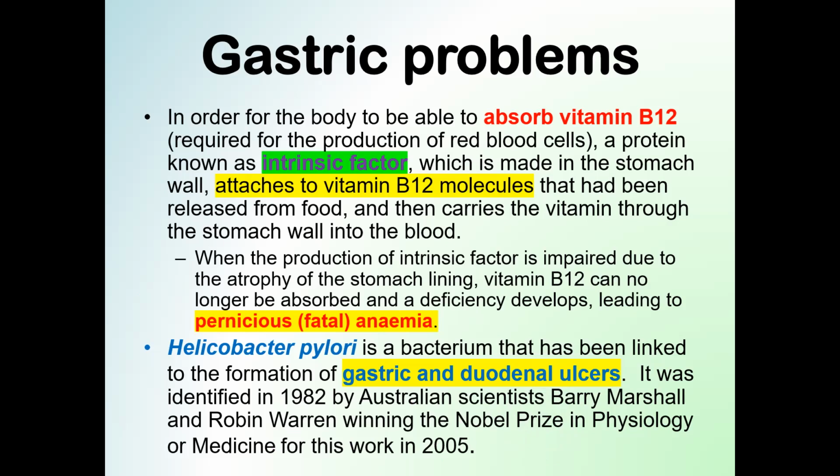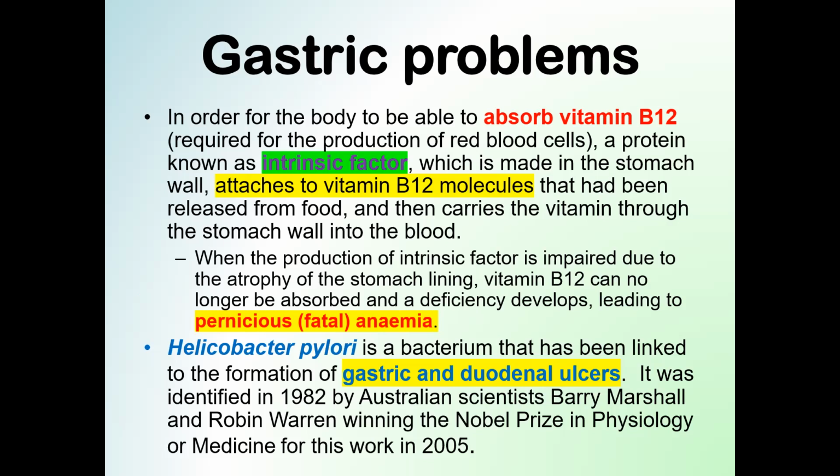And Barry Marshall actually tested this by swallowing the pylori bacteria, producing some ulcers in his stomach.